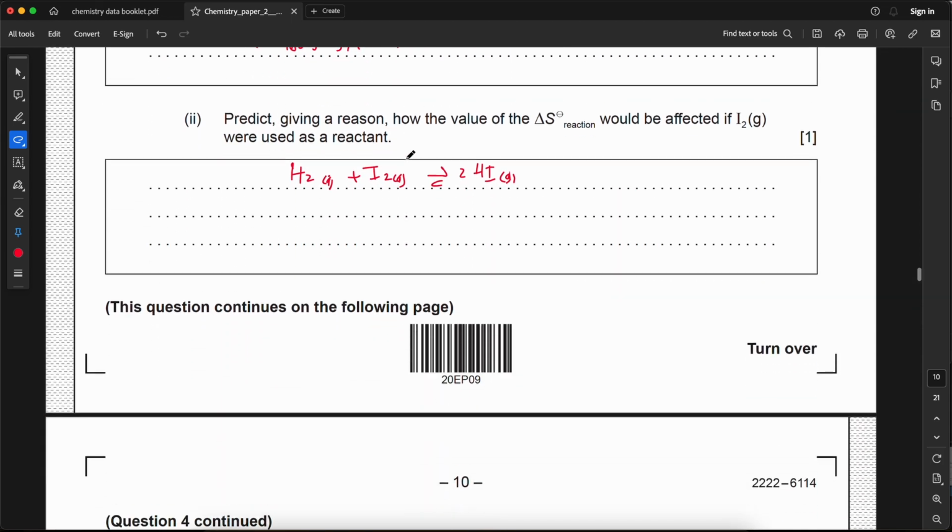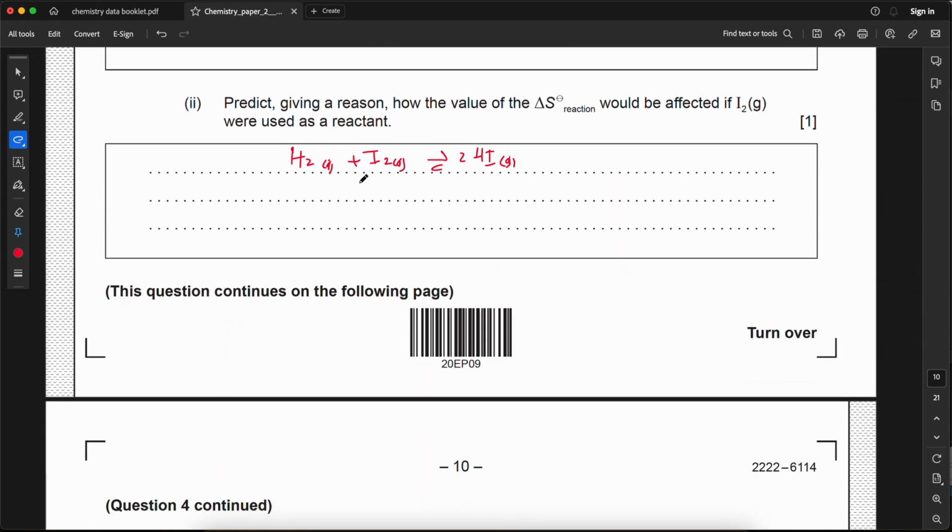But what if we have now two gas moles, because I2 now becomes gas, and then two HI gas as well on the right side. Therefore, there is no change in number of moles.